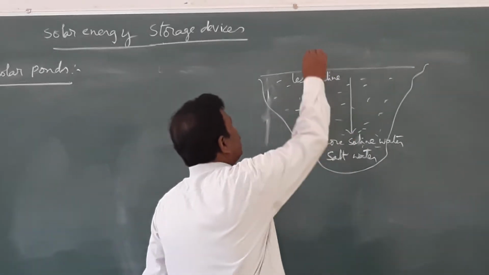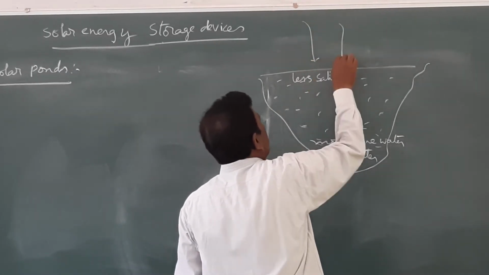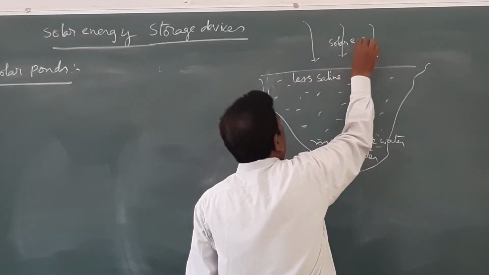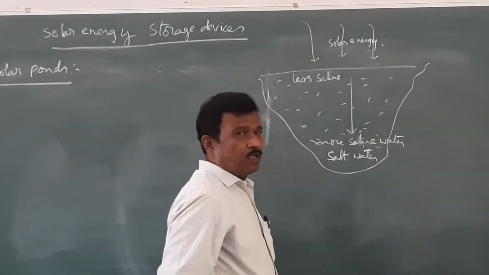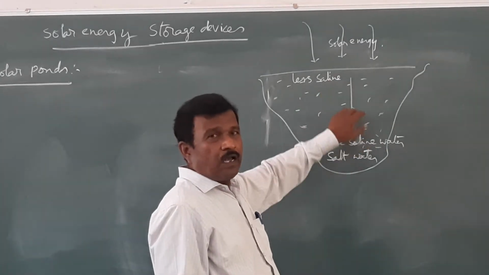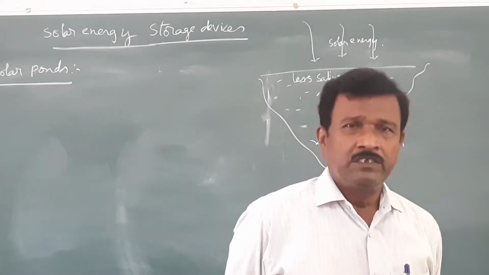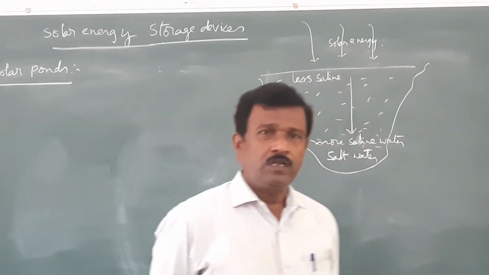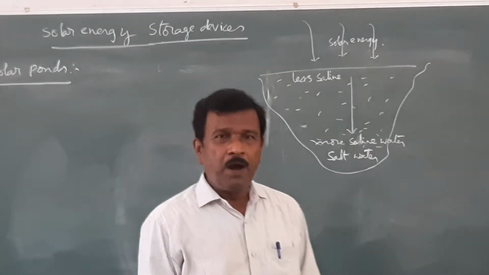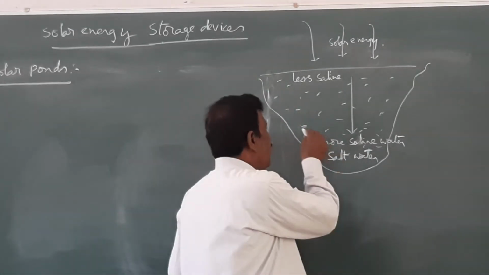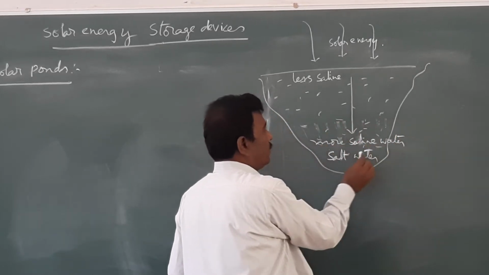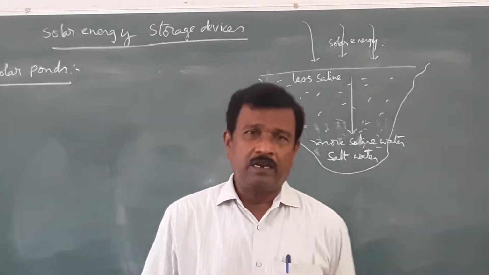When solar energy is incident over this pond, this solar energy is stored in the ions of the salt water. As the salinity of water is more at the bottom, therefore the electrical energy will be stored in the salt water.